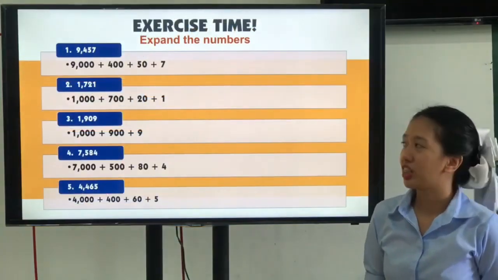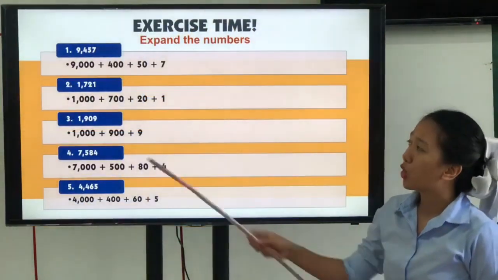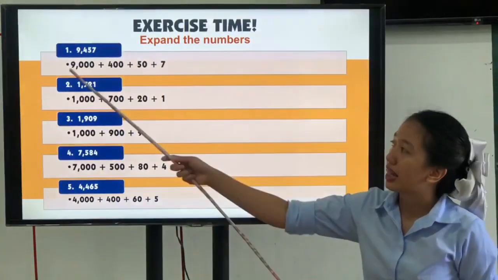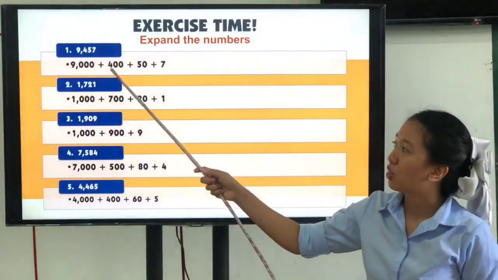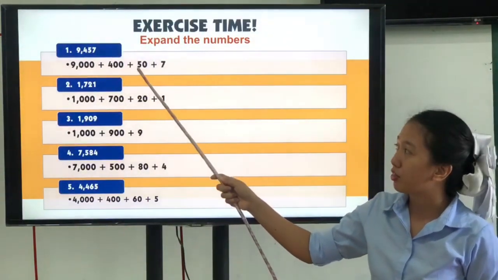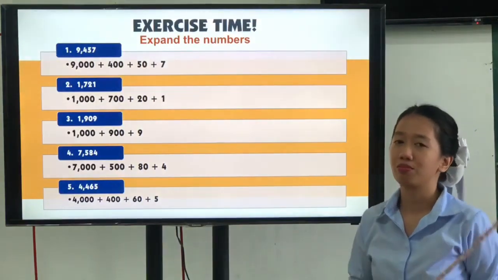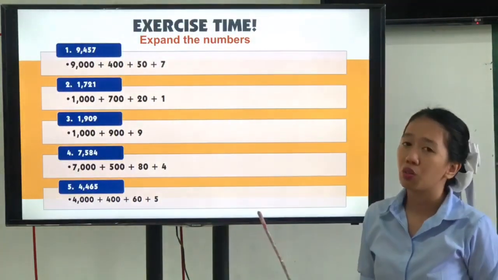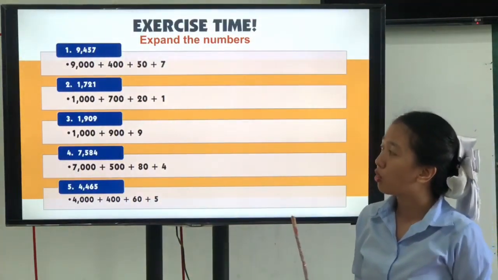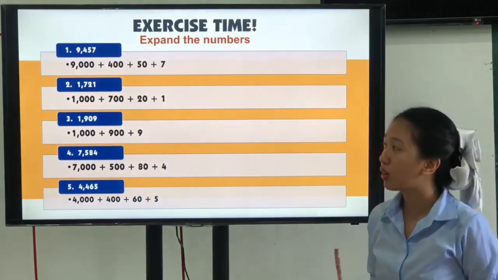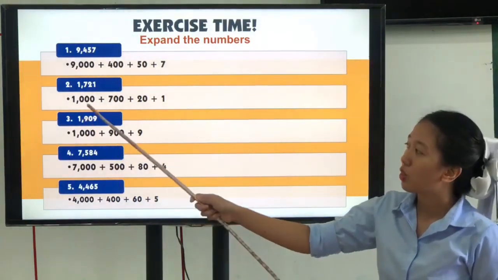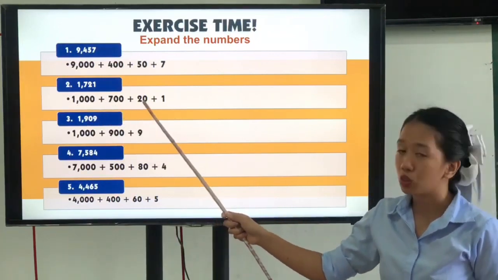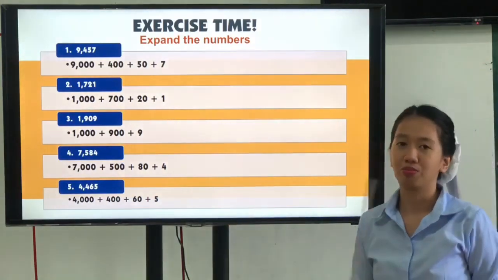Okay, now let's check your answer. The expanded form of number 1, 9,457, is 9,000 plus 400 plus 50 plus 7. Did you get it right? Good job. Number 2, what is the expanded form of 1,721? The answer is 1,000 plus 700 plus 20 plus 1.